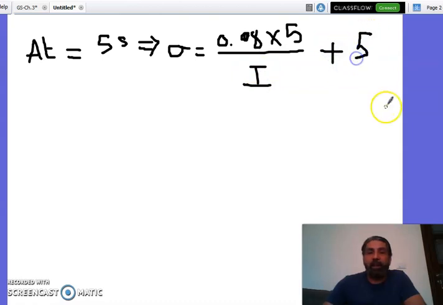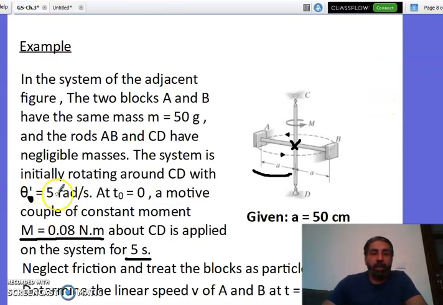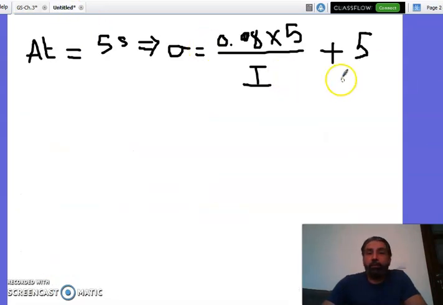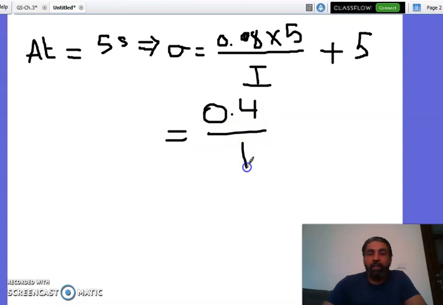We are given this 5. Here it is. Okay? Initial. And the moment is also given. The time is 5. So you get 0.08 times 5, which is 0.4, over I, the moment of inertia of this system, plus 5.